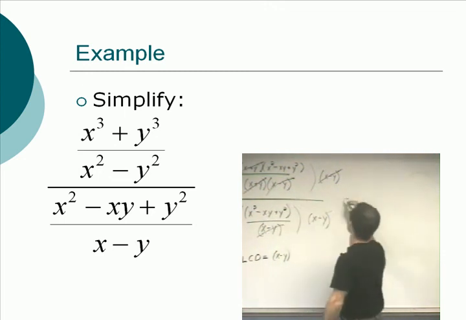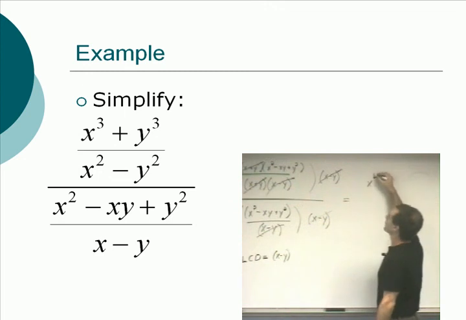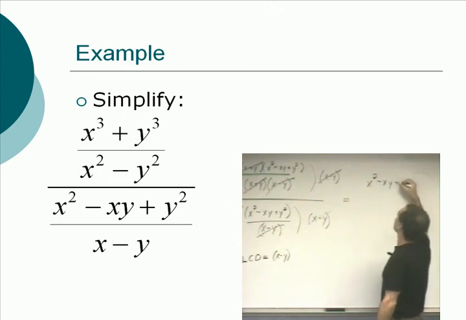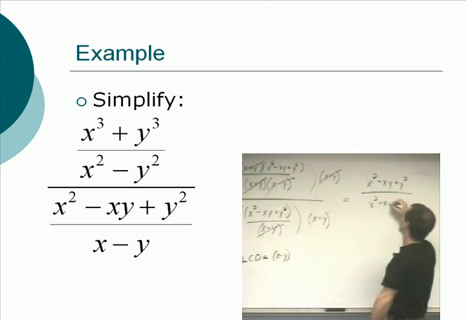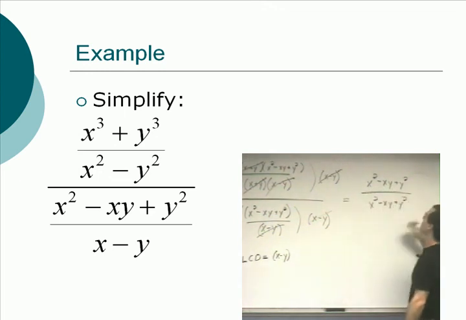And so you're left with x squared minus xy plus y squared over x squared minus xy plus y squared. Now, we can't cancel term by term, but we can cancel the whole doggone thing. Any fraction where the top and bottom are equal is equal to 1. And you're done. Okay?